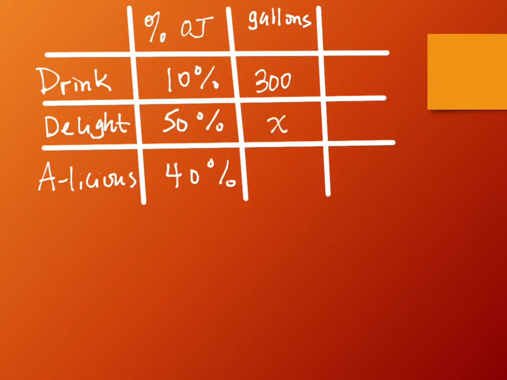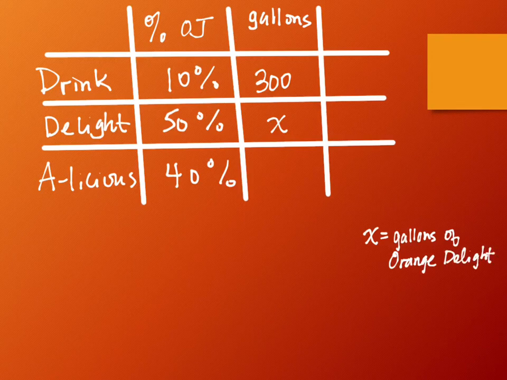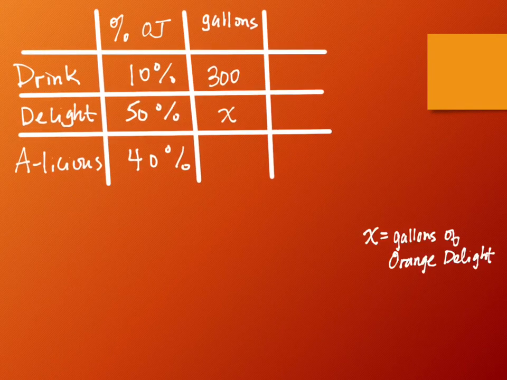Use whatever letter you wish. I'll just use X. So over here, my X is actually my gallons of Orange Delight. So then, how many gallons am I going to have of Orangelicious? You're right, X plus 300. Yeah, it's X plus 300.